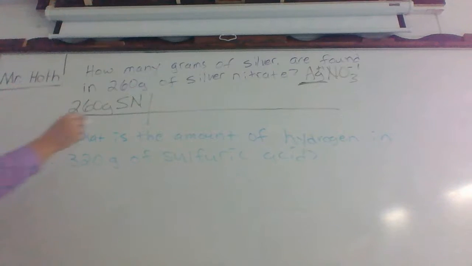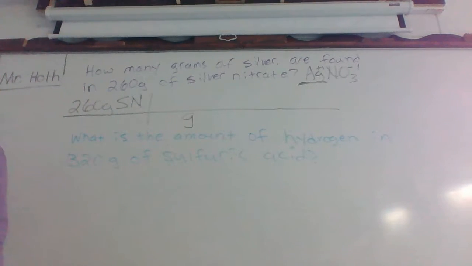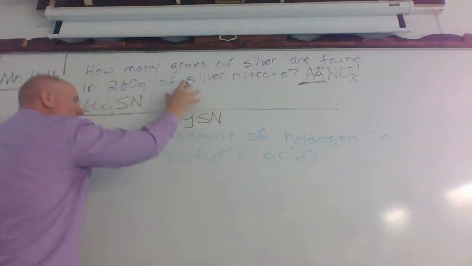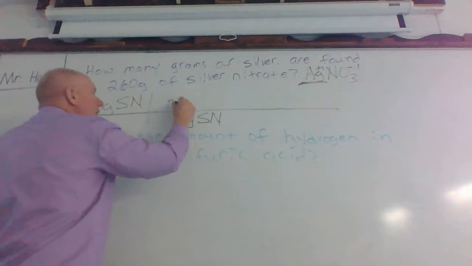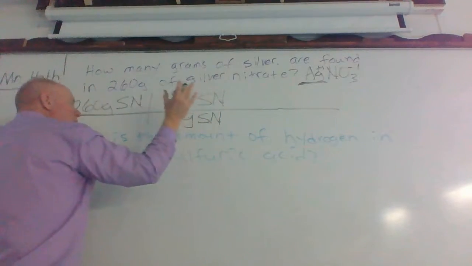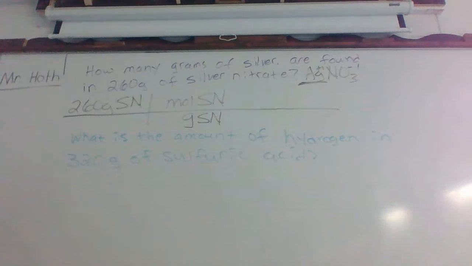Okay? So we got grams on the bottom. Grams of what, though, specifically? And then what would go on top? A mole of what, though? Silver nitrate. Okay? So we left room here because we need to do what with that AgNO3? The atomic masses. That's right.